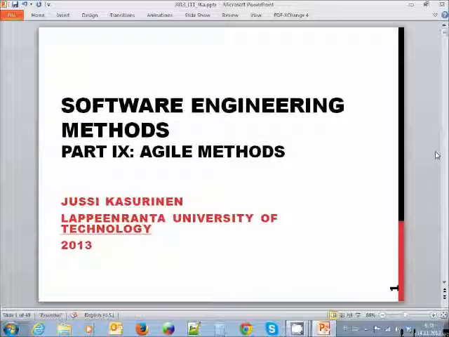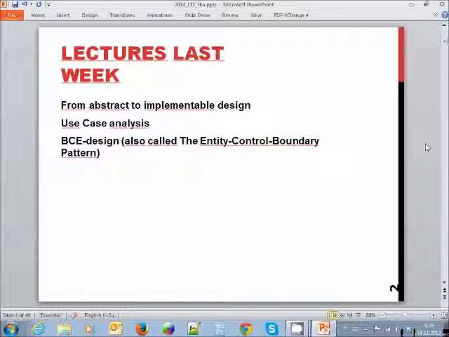But anyway, today's topic is Agile methods. From last week, when we did the first step towards an actual program, the idea was that once we have gathered all the requirements and defined the use cases for the project we want to implement, we do this BCE design, boundary control entity design, to get a more implementable design of the software.